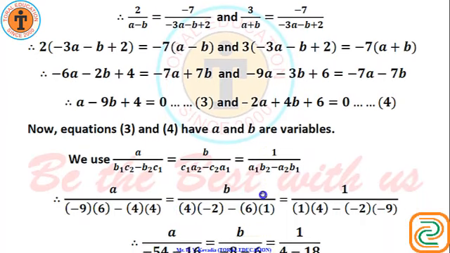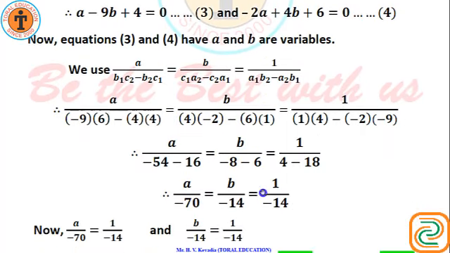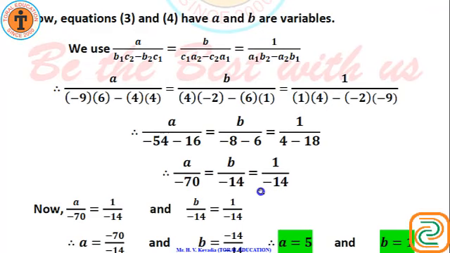Here again, in equation number 3 and 4, a and b are variables. So a upon b1 c2 minus b2 c1, b upon c1 a2 minus c2 a1, 1 upon a1 b2 minus a2 b1.